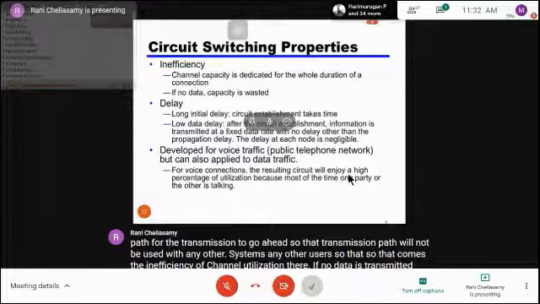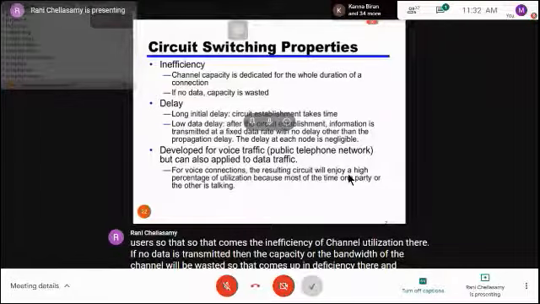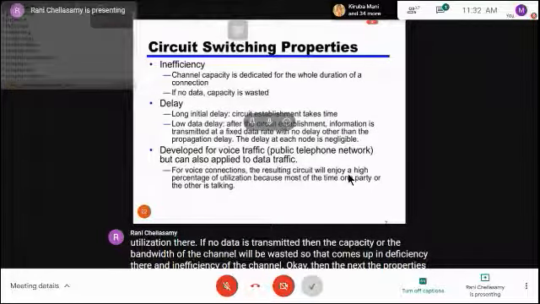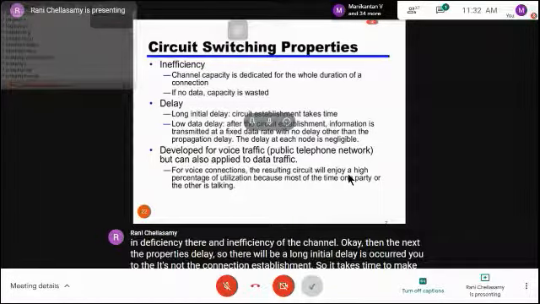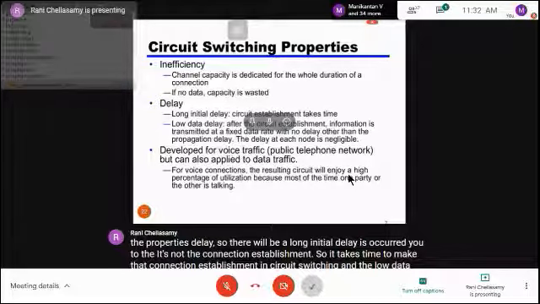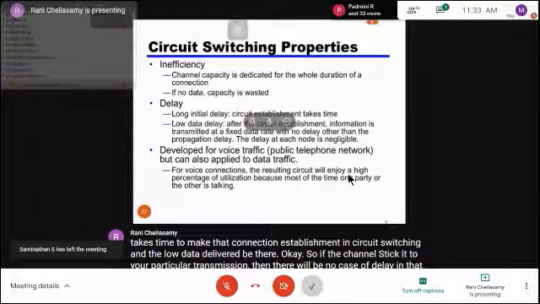The next property is delay. There will be a long initial delay due to the circuit connection establishment, since it takes time to establish the connection. However, the data delay is low. If the channel is dedicated to a particular transmission, there is no delay, and the person can transmit data easily.